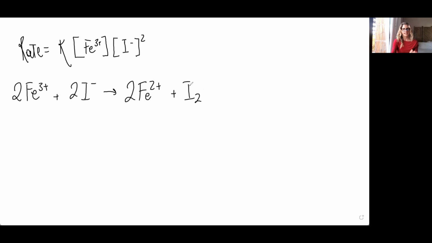So to work out the mechanism, those are the two things that we need to keep in mind: the rate equation and the overall equation. This is because the rate equation will always give us the stoichiometry of the reactants in the rate determining step.